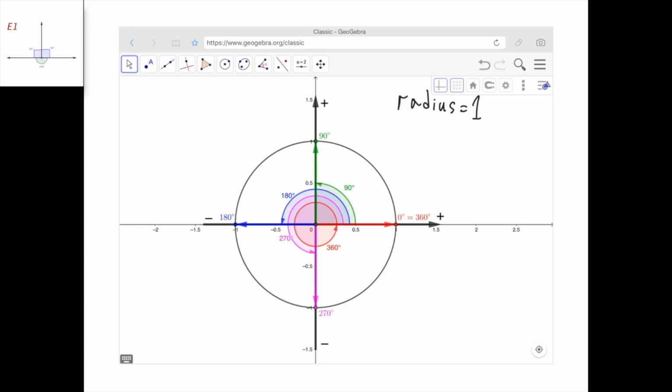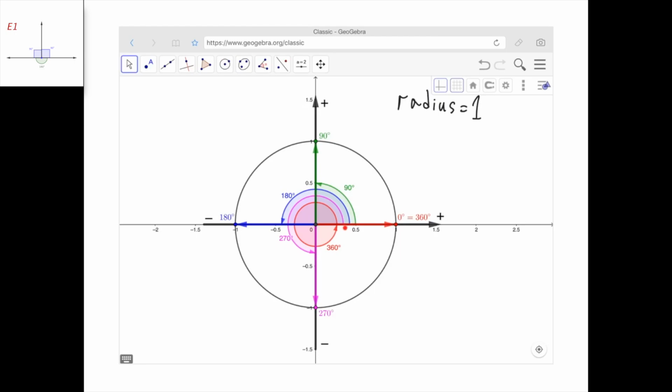What happens if we start counting the other way? What if I start counting clockwise instead of counterclockwise? Well, if we count clockwise, then we're counting negative numbers. So imagine here we start counting 1, 2, 3, 4, 5, 6, 7 up to 90.